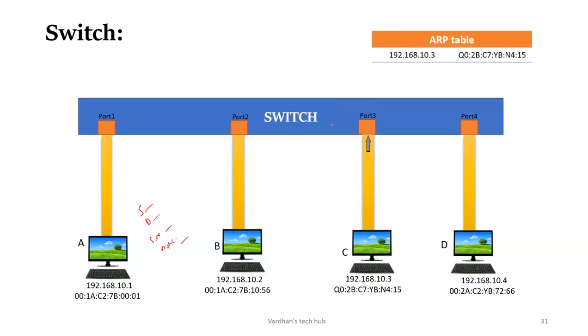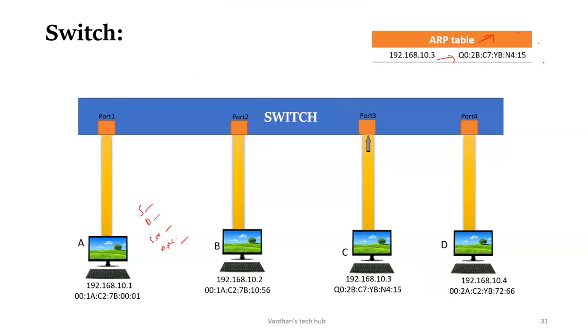So how does a switch basically work? First it checks its ARP table information. ARP stands for Address Resolution Protocol, and it holds the mapping from IP address to MAC address. Here we know the IP address, but we don't know the MAC address, because for the first time we are sending the traffic.